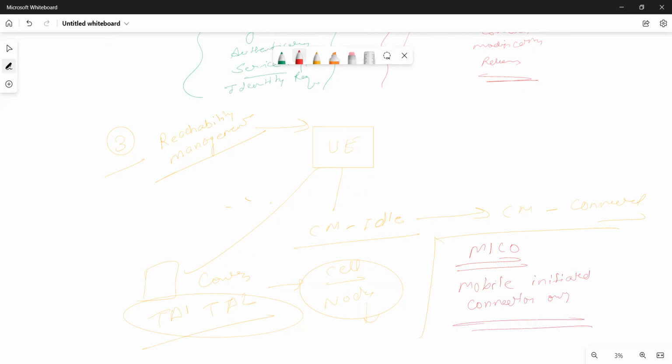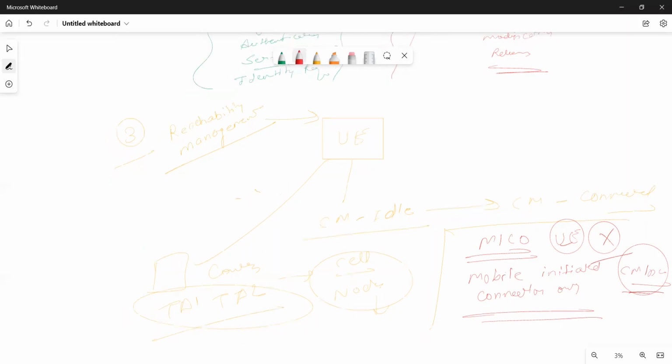In mobile initiated connection, only the UE has the authority to establish a connection, as the name says. So these specific UEs you cannot page; these UEs cannot be paged, and they are only able to establish MO connections. And again, from the CM idle state, where will they go? To the CM connected state, right?